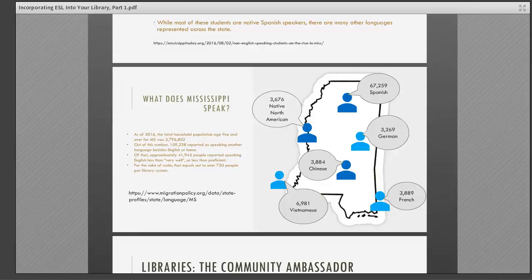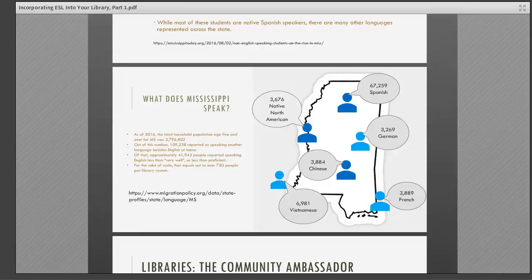Now, these numbers don't take into account ability or language skill or proficiency. So not all of these German speakers may be native speakers, or a large number may be native speakers, but this is just a snapshot of the language diversity in Mississippi.